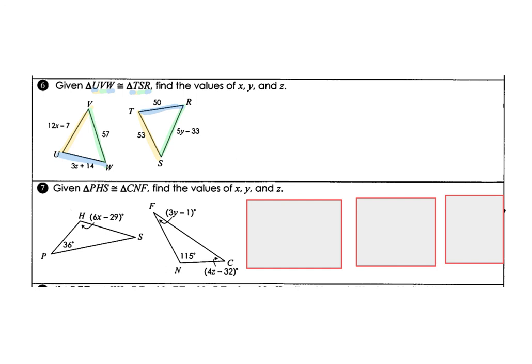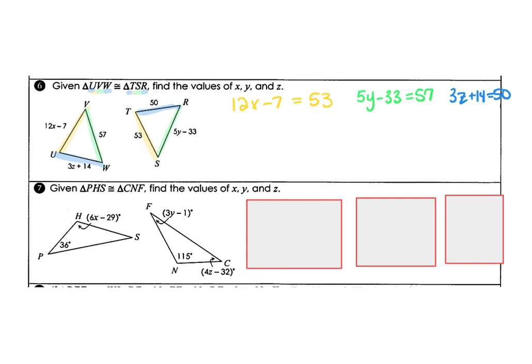So I know that 12x minus 7 should equal 53. I know that 5y minus 33 should equal 57. And I know that 3z plus 14 should equal 50 because of the way that they have given me that congruent statement. It's important that you line them up so that you know which ones to set equal to.